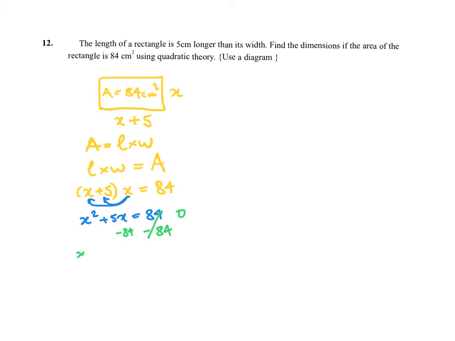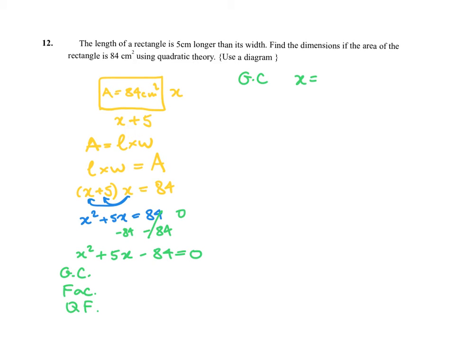Now let's rearrange this: x to the power of 2 plus 5x, take away 84, is equal to 0. This can be solved using a graphics calculator, factorization, or the quadratic formula. I'm just going to use the graphics calculator, and the calculator gave me two solutions.